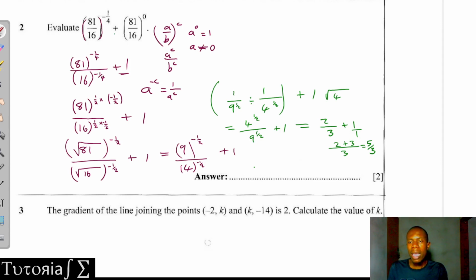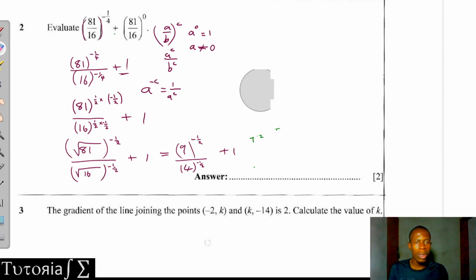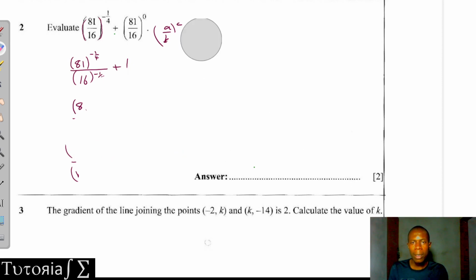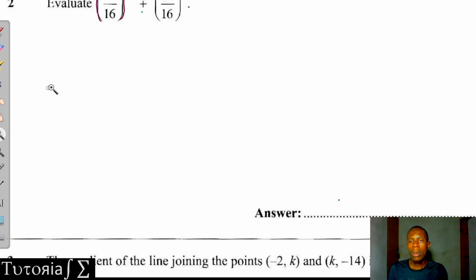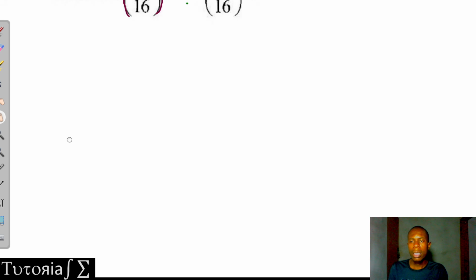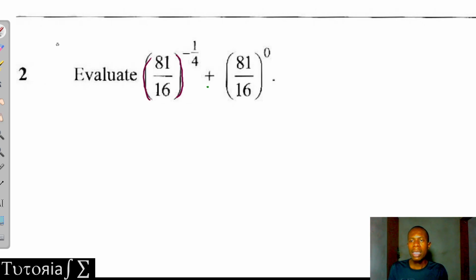The other approach you could have taken is to simplify 81. What is the smallest number that can go into it? 3. So you could have done 3 into 81.